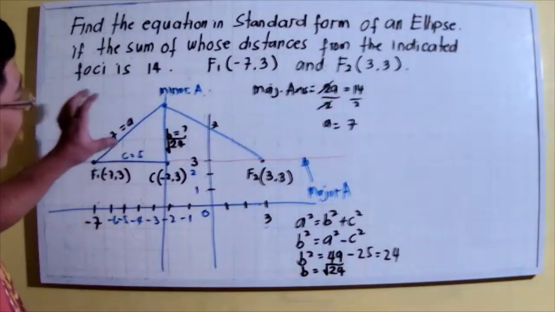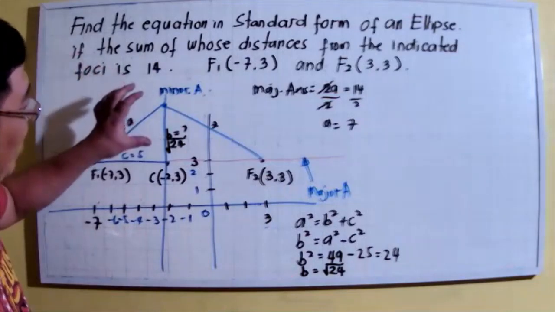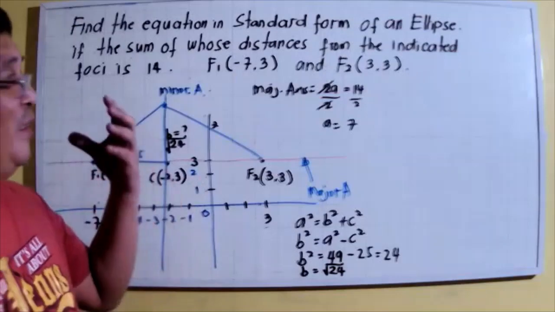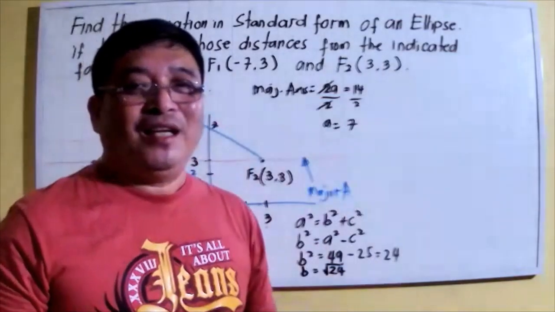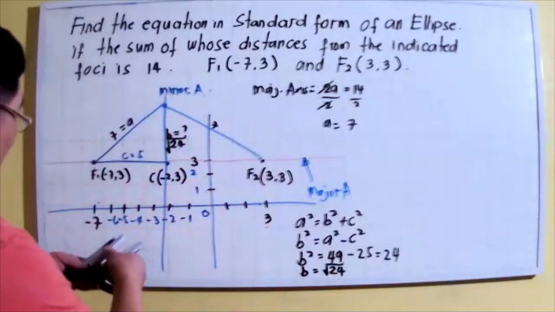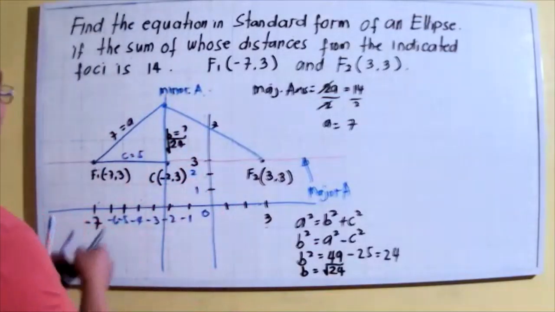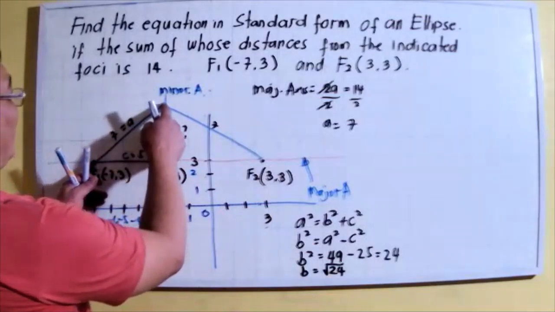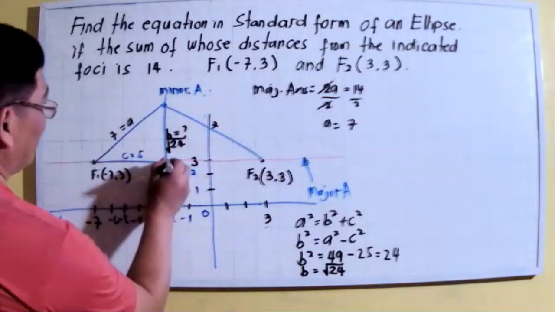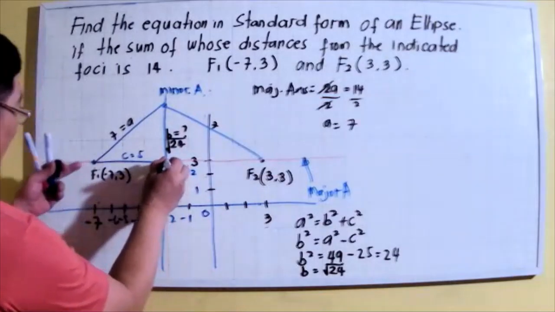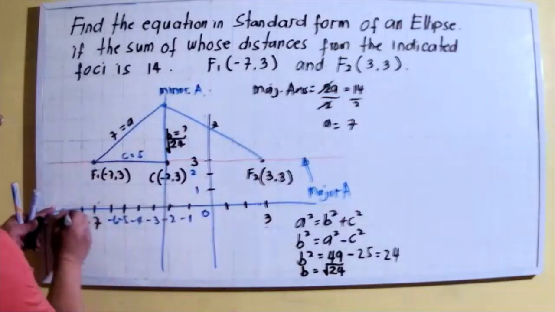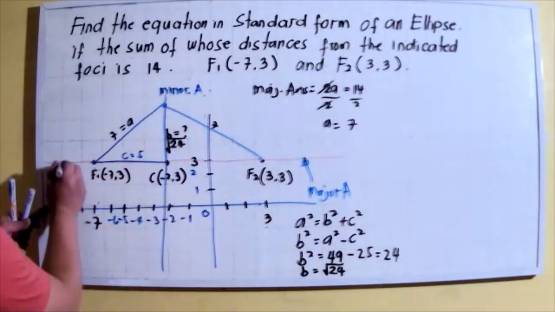Now, we know a, we know b, we know the center. We can now find the equation of an ellipse in standard form. So, let's draw first the ellipse. Since a is equal to 7, the vertex from the center is 7 units away. So -2 minus 7 will become -9.